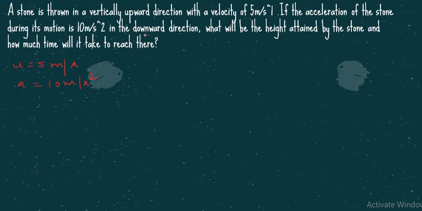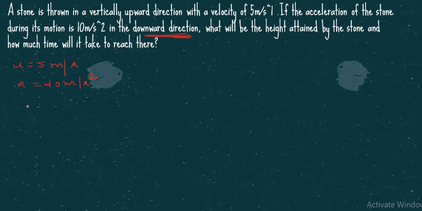This is the main important thing. The direction of the acceleration is down, but the direction of the motion of that stone is up. So I need to consider a as minus 10 meter per second square. What will be the height attained by the stone and how much time will it take to reach there?